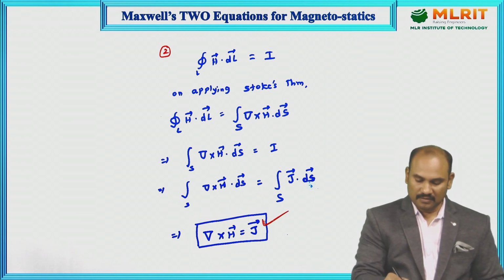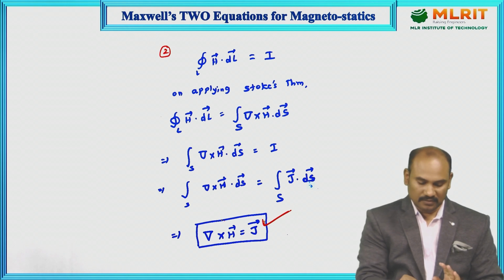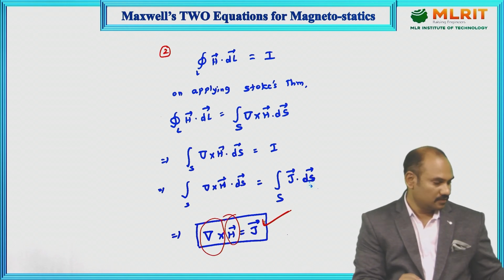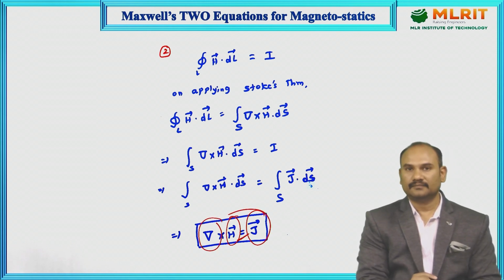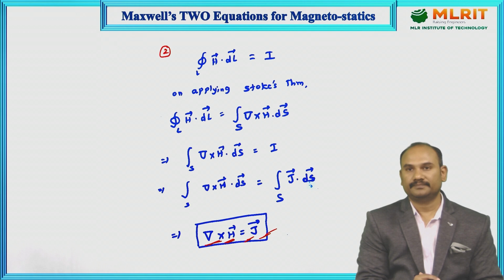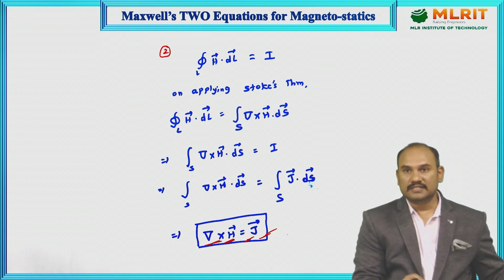J bar, the electric current density, can be obtained by the curl of the magnetic field, or vice versa. You can say it like this: the curl of the magnetic field will give you electric current density, or in a mathematical sense, the curl of the magnetic field must be equal to electric current density. This is how we understand this second Maxwell equation.